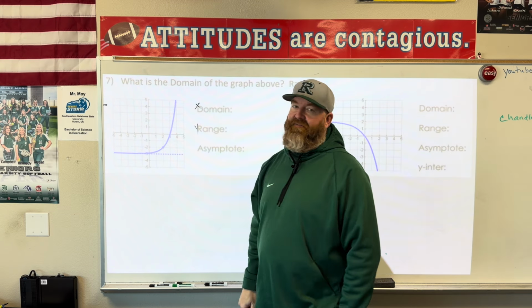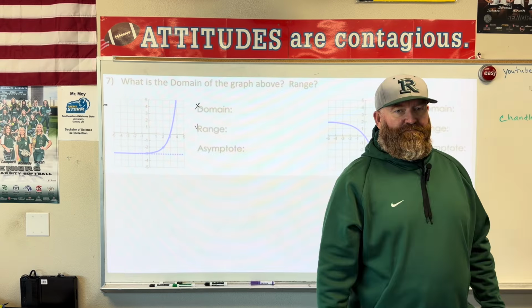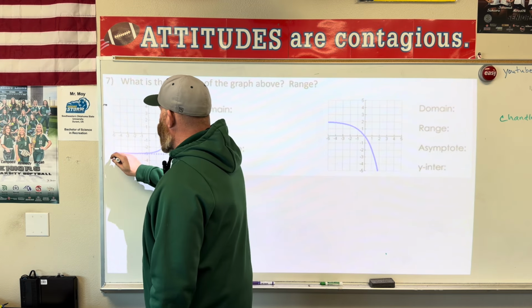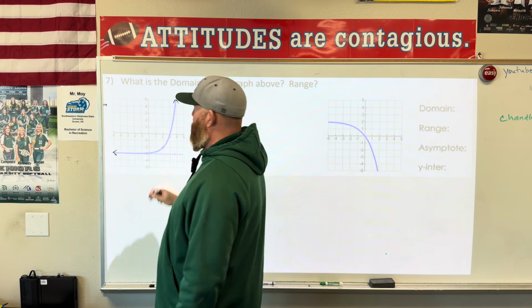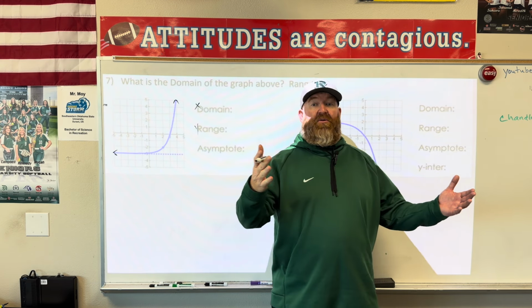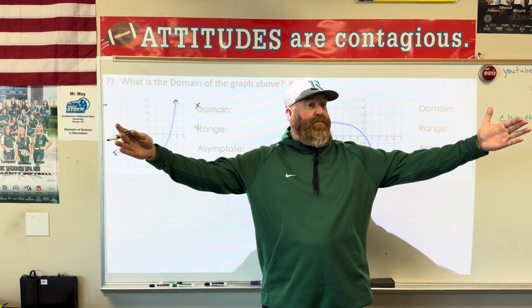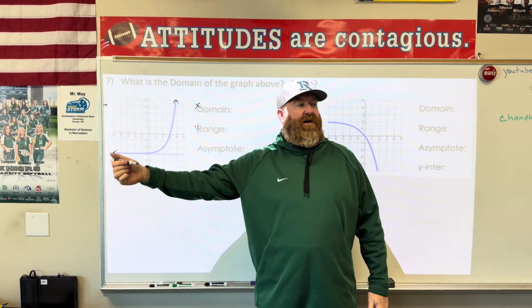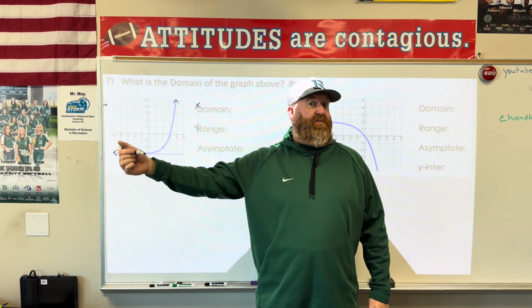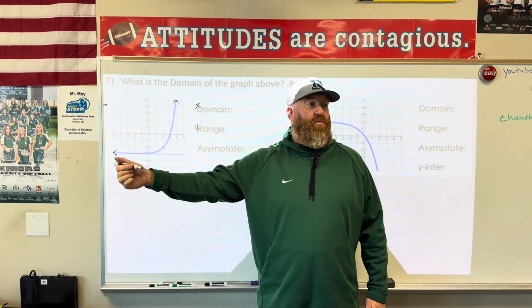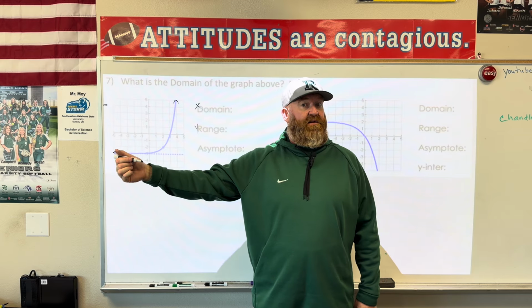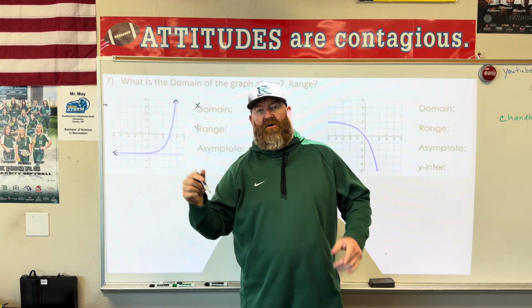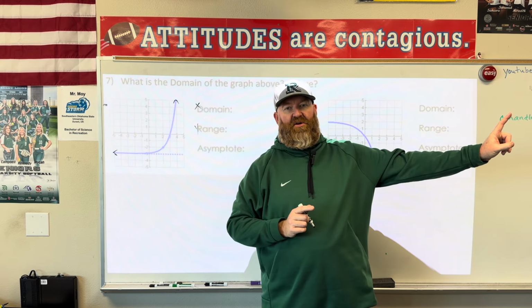So here we go. On this graph right here, the domain. Now, keep in mind, both of these have arrows on the left-hand side. You just don't see them. Let's talk about domain only. I'm thinking left to right. Let's talk about left. Is there a point on the left side where you could tell me this stops? Yes or no? No. Why doesn't it? Because it has an arrow. Is there a point on the right as far as it'll go?